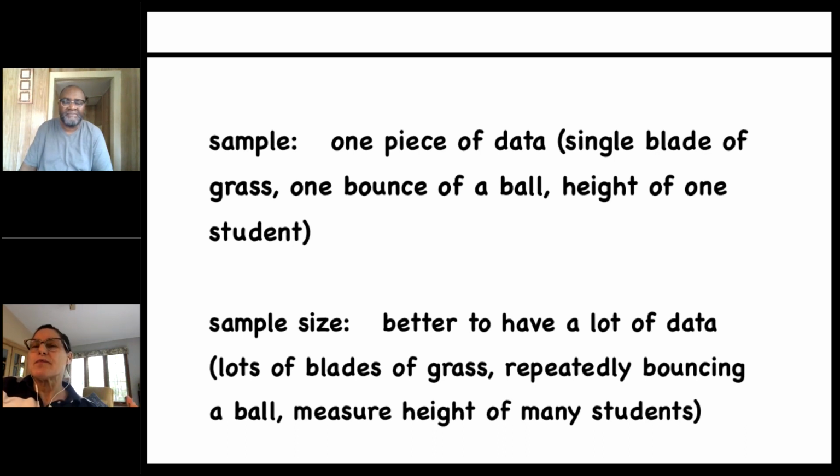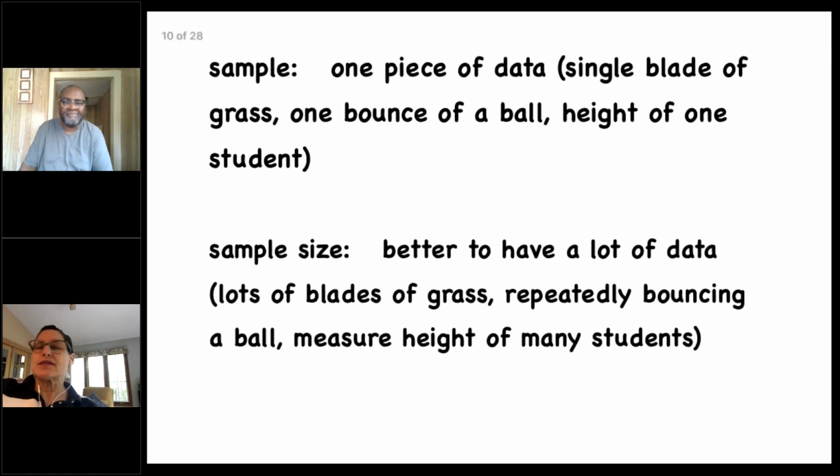Or another experiment you can do, we want to see how tall all the students are in the 4th grade, and we just measure one student. Okay, that's a sample, but we can do better. When you have a bigger sample size, you get more information, better data. So it's better to have a lot of data, lots of blades of grass if you're studying something about the grass.